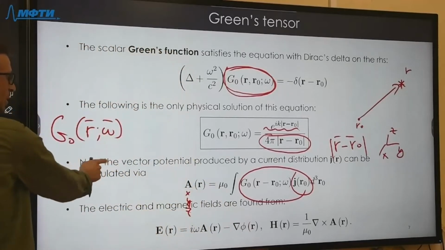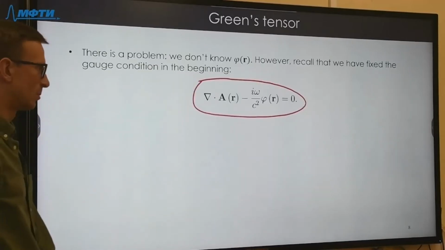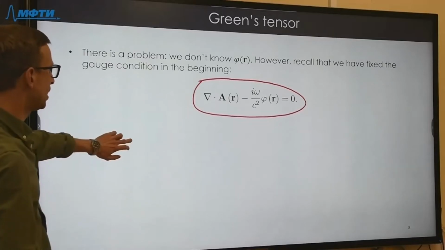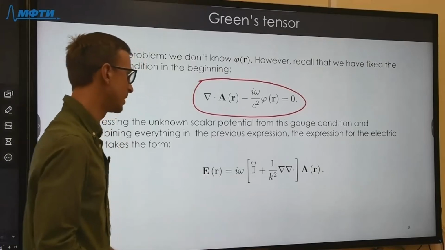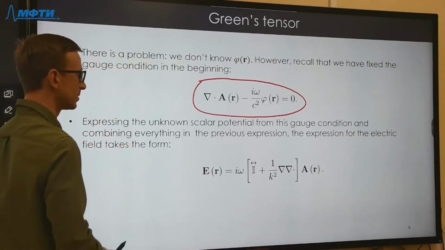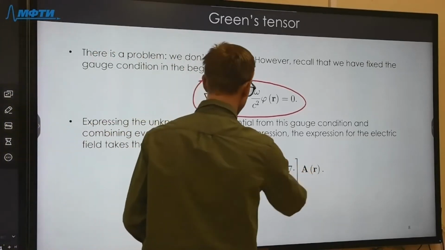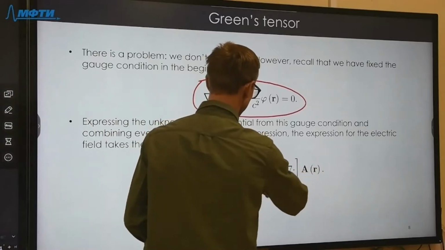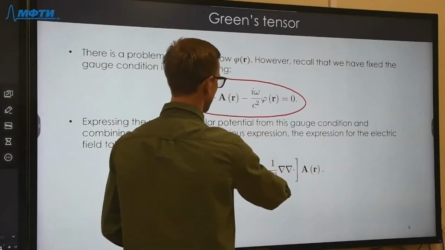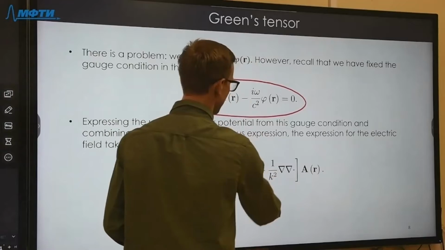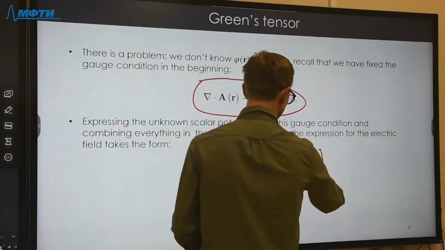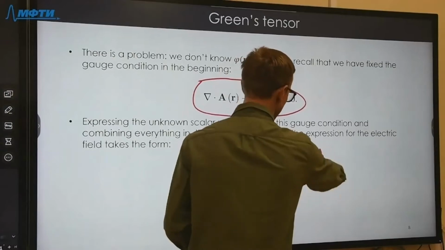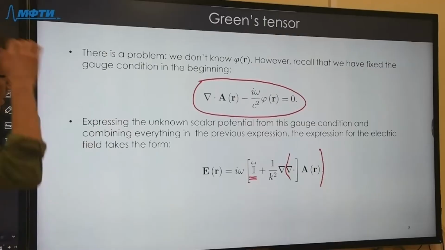It gets quite messy, but in the end, when you perform all the tedious math, you end up with the following elegant formula. So the electric field is expressed as this vectorial operator. This is the unity matrix, the identity operator, and this is the divergence of A, and we take the gradient of this combination, the divergence of A. This gives us the electric fields.